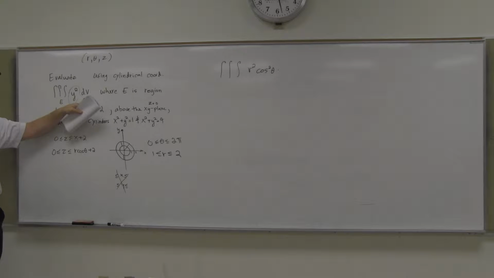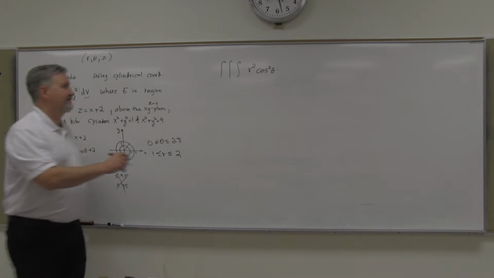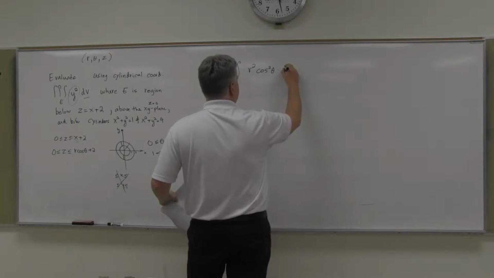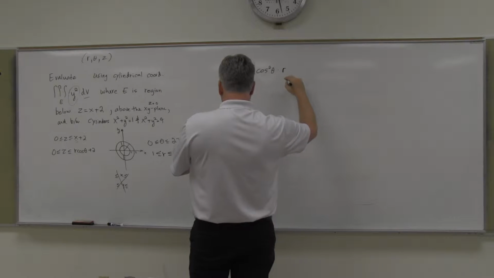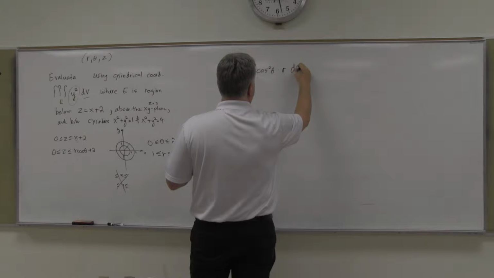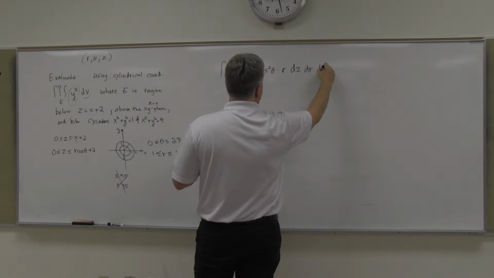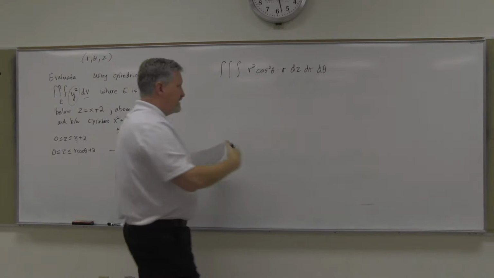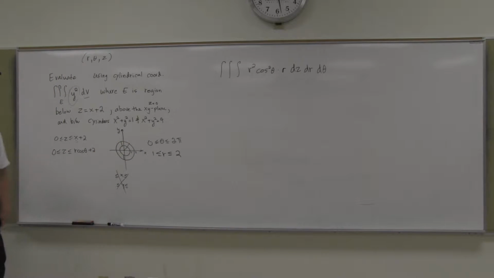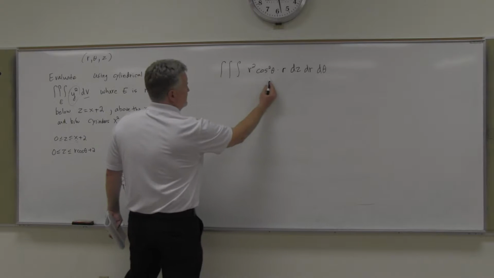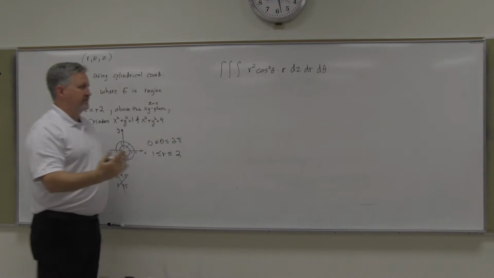There's an extra r, right? You do an r, and usually the order is dz, dr, d theta, because sometimes r's are functions of thetas.